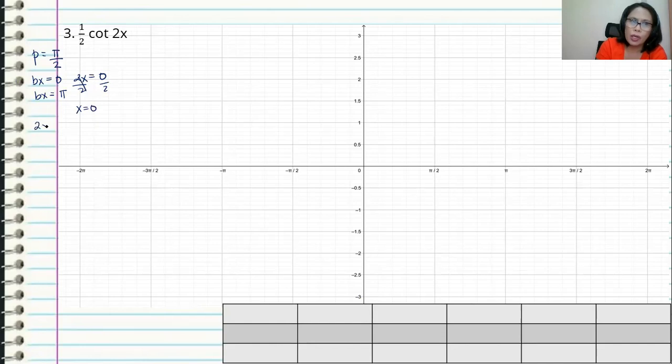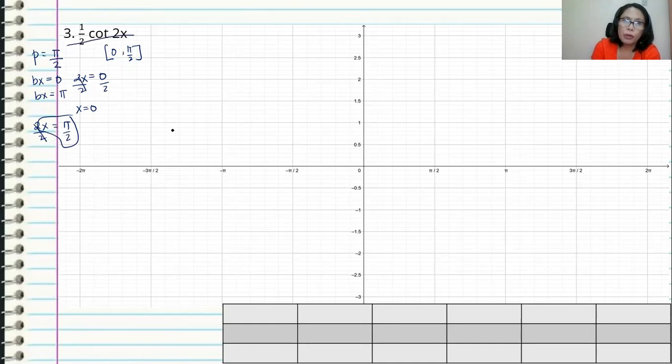The other one is 2x equals pi. So we divide both sides by 2. The other vertical asymptote is x equals pi over 2. So what interval for this cotangent function? One period interval is from 0 to pi over 2. Now, the distance from 0 to pi over 2 is pi over 2, which is the period for this function.